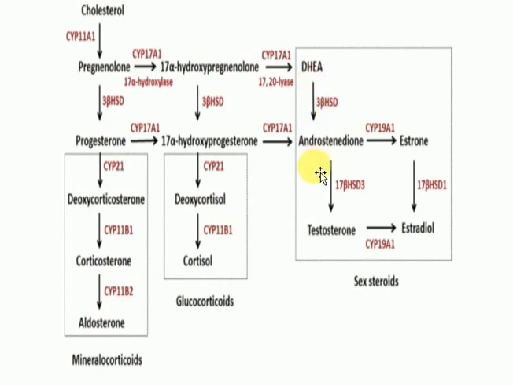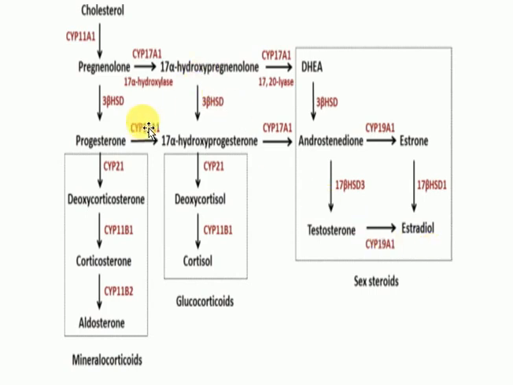Finally, its conversion into androstenedione, and in the testes, that is converted into testosterone. It can be converted into estradiol, or the androstenedione can be converted into estrone, which then finally converts into estradiol. That is the oxidation of the A ring, or aromatization, to produce estrogen in the ovaries and the placenta, but not in the adrenal cortex or testes.